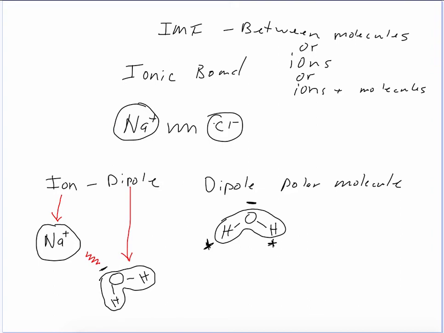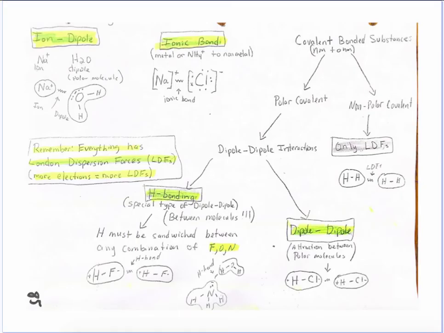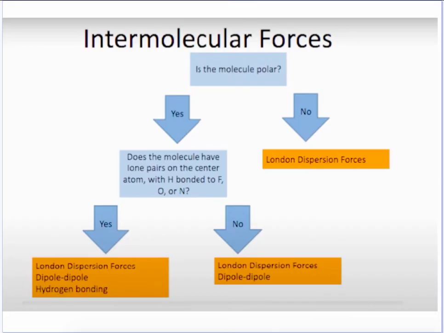Okay, so these next ones refer to covalently bonded substances. If you're following along with your notes here, I'm basically going to go down this list right here. But I'm going to refer back to this right here. So the first thing is, when you're dealing with molecular compounds, you want to see if the molecule is polar or not, okay?